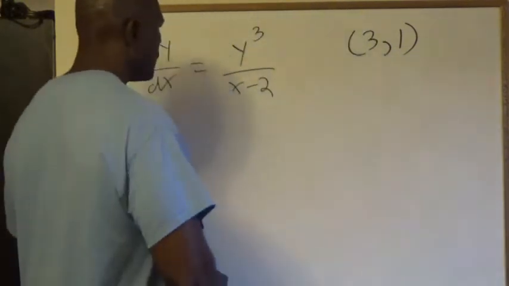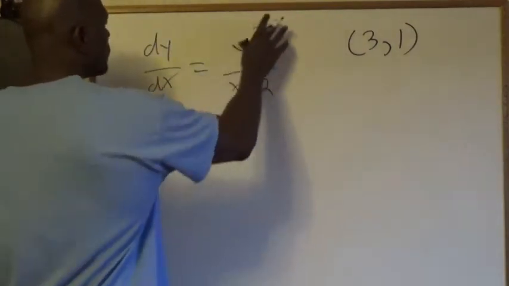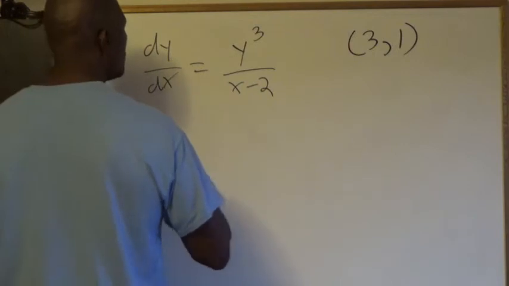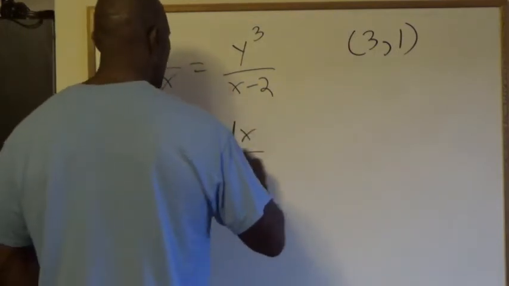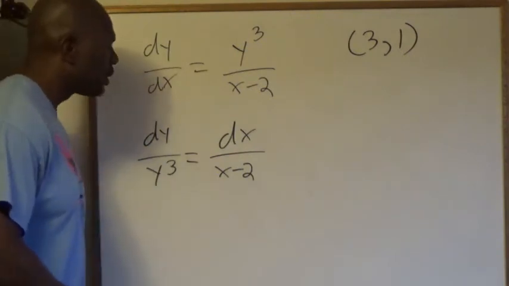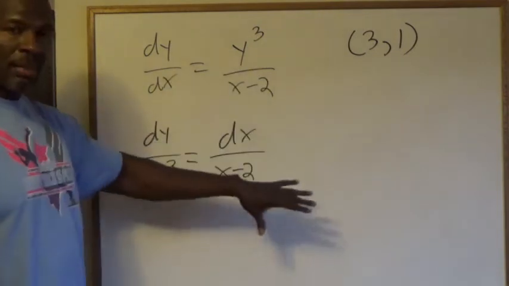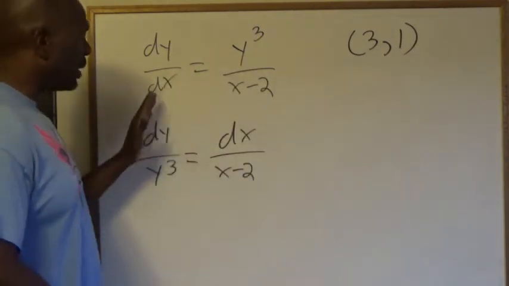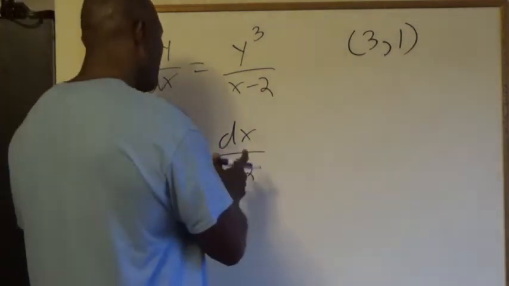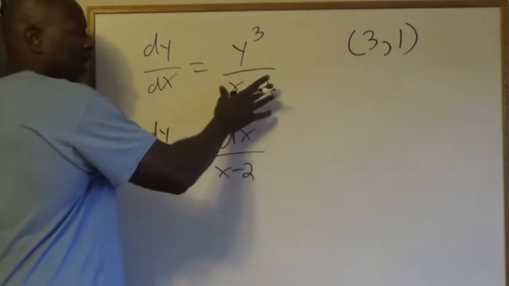We're going to solve the differential equation, so we're going to separate it and integrate. When I do my separation, this y cubed will come down here, so that'll be dy over y cubed equals dx over x minus 2. One thing to remember, if the x term is at the bottom, it's going to stay at the bottom. Some people would have mistakenly written this as x minus 2 times dx. So this guy stays at the bottom.